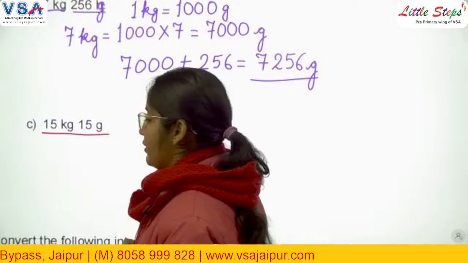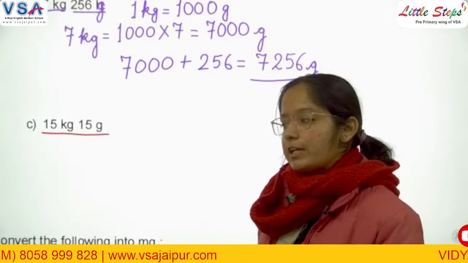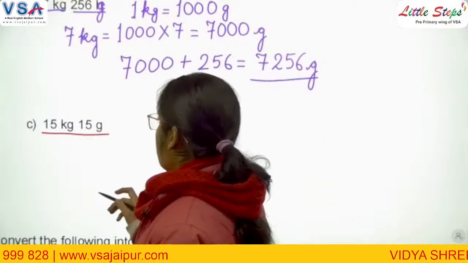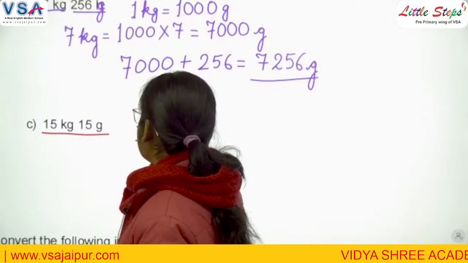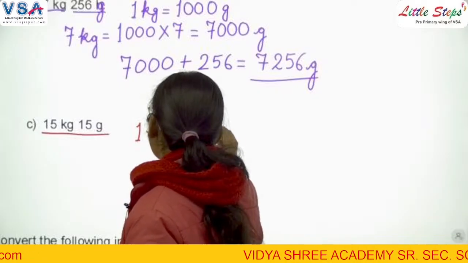Fifteen kg, 15 grams into grams. We have to convert 15 kg, 15 grams into grams. So again, we know that 1 kg is equal to 1000 grams.